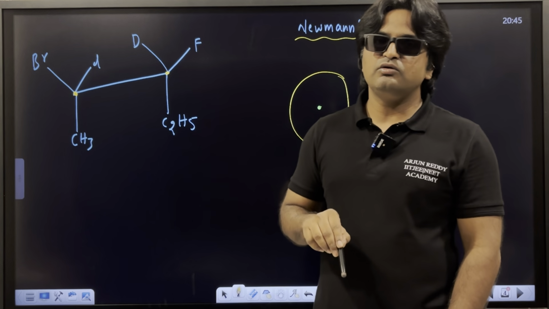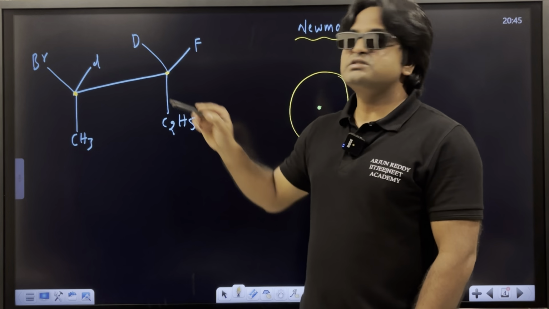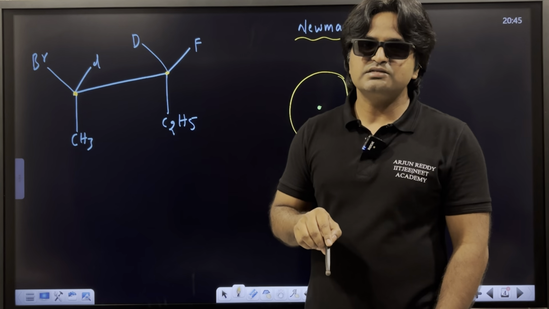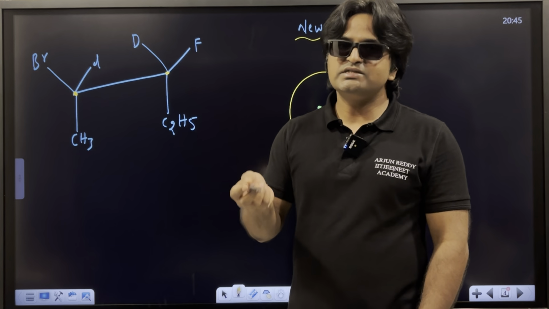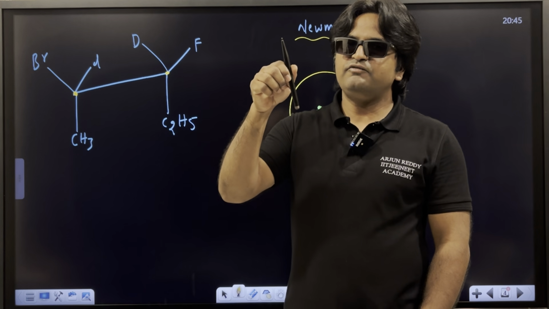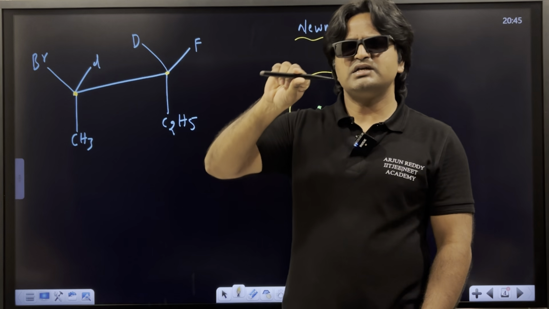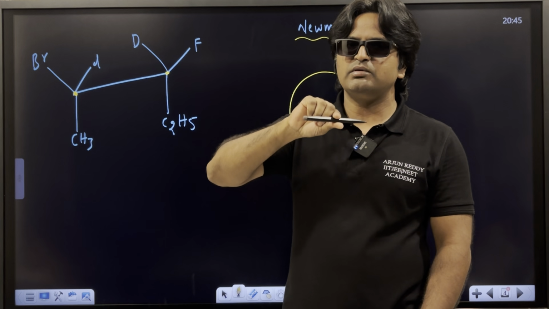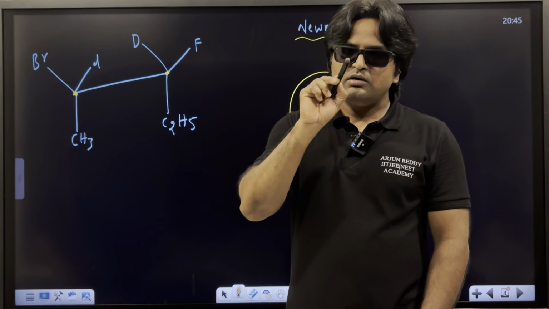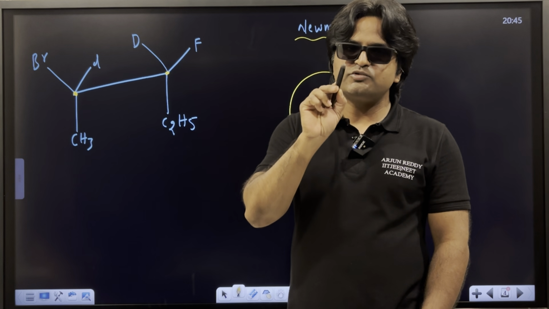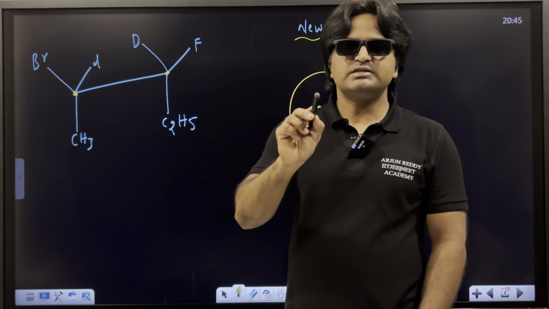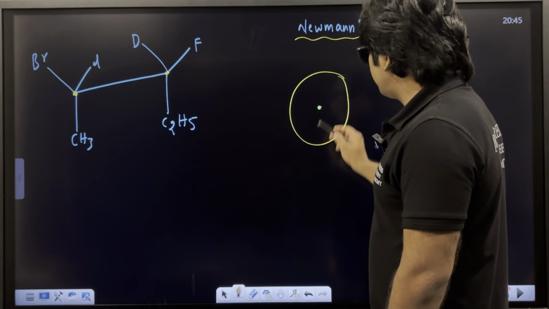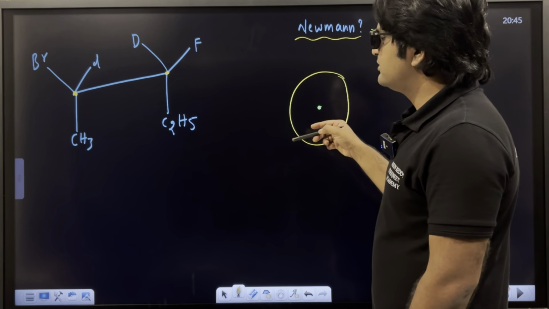What is the given molecule? In which form is it given? This is Sawhorse. Why is it Sawhorse? In case of Sawhorse, we are taking the diagonal like this. You can see both carbon atoms. Vertical Fischer, diagonal Sawhorse, and sometimes they give horizontal also, no problem. But in case of Newman, the front carbon atom should be represented by a dot and the back carbon atom represented by a circle. Clear?